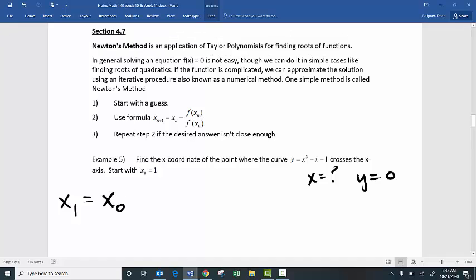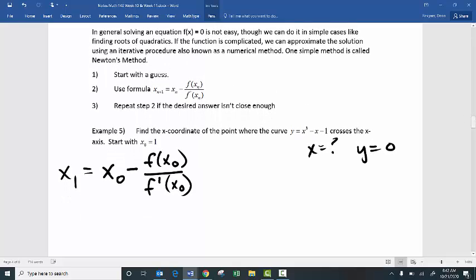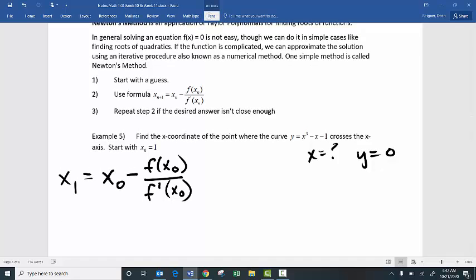And so you're going to start out with your first guess, and then you're going to subtract, putting your first guess into the function, divided by putting your first guess into the derivative. Okay? So this little formula with this first guess will get you your next guess. It'll get you closer to the correct answer.